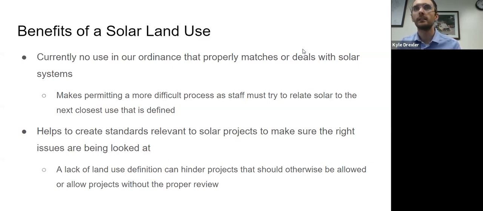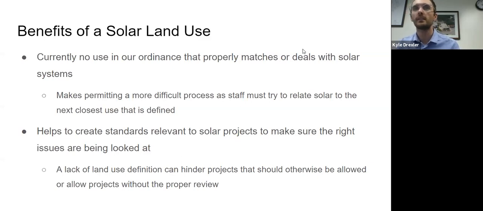So by creating an actual land use for solar energy systems of varying scales, you're able to create review criteria to look at these projects in the best way.